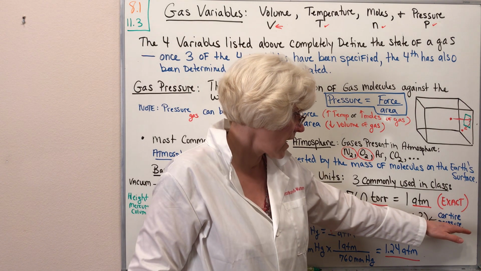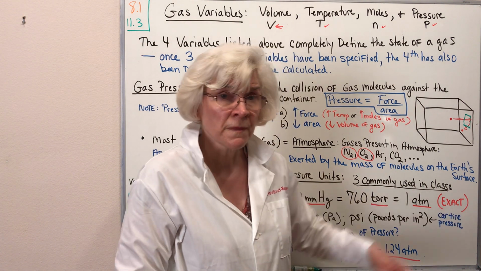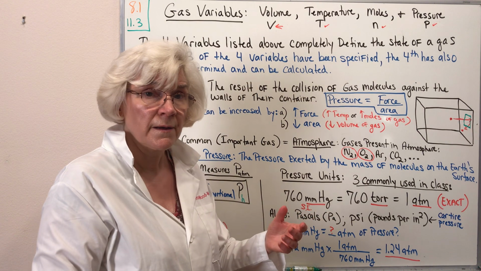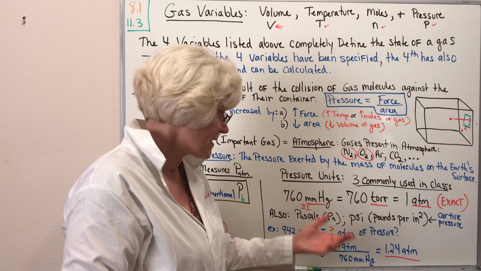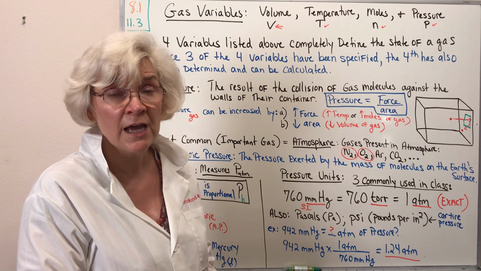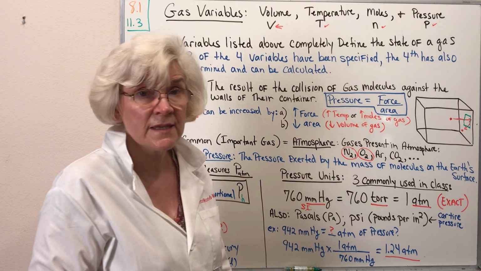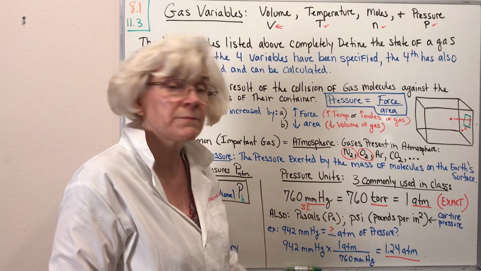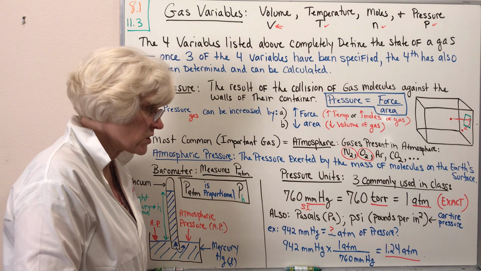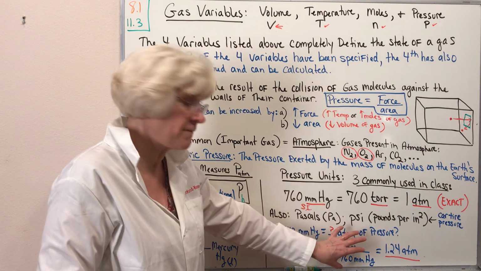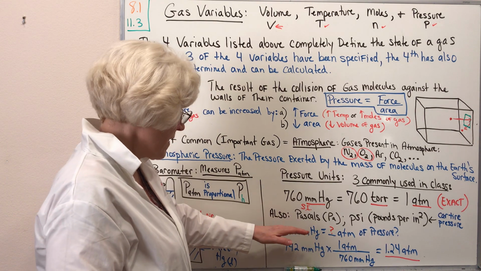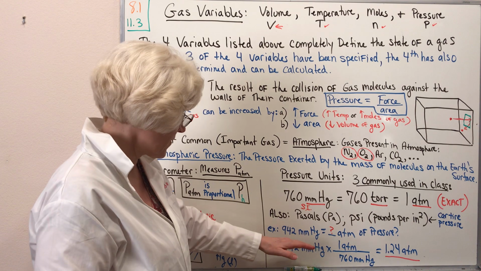So if your car tire pressure is measured with a device, either you do it or you take it to an auto shop that maintains your car, they will check your car tire pressure every time you bring it in, and the unit that they are measuring that pressure in is PSI, pounds per square inch, or pounds per inches squared. So before we finish this discussion, let's just do a quick conversion from one pressure unit to another.